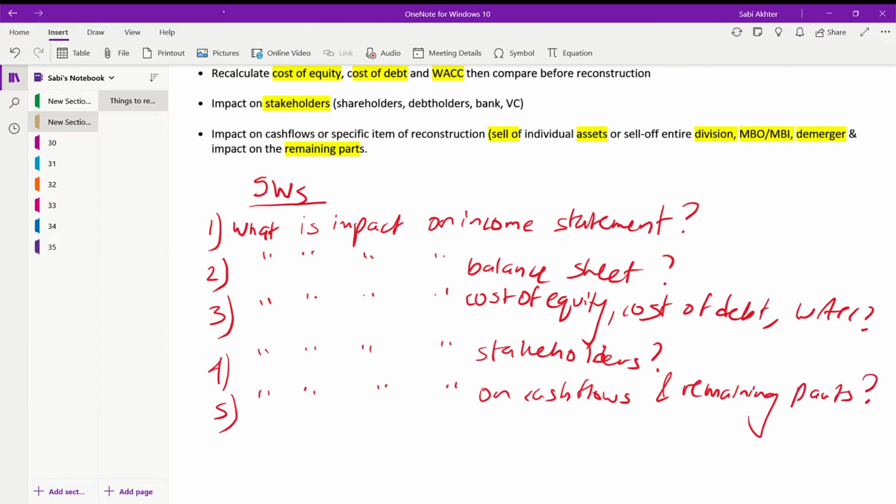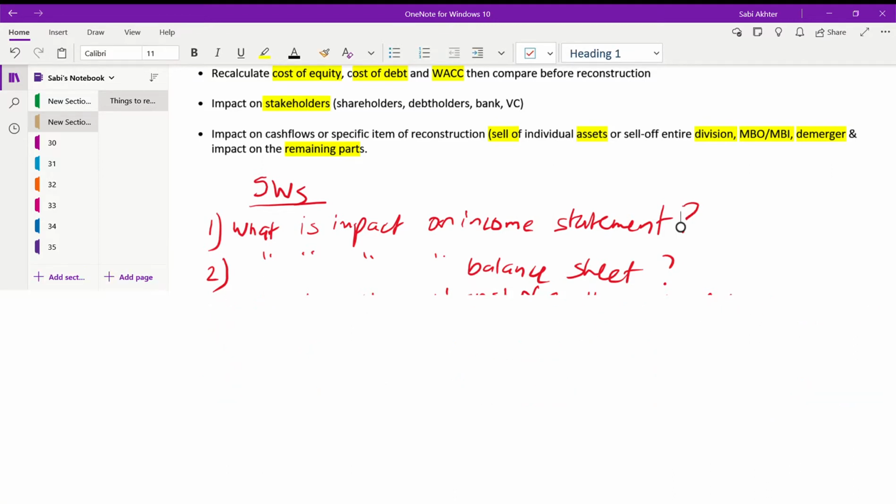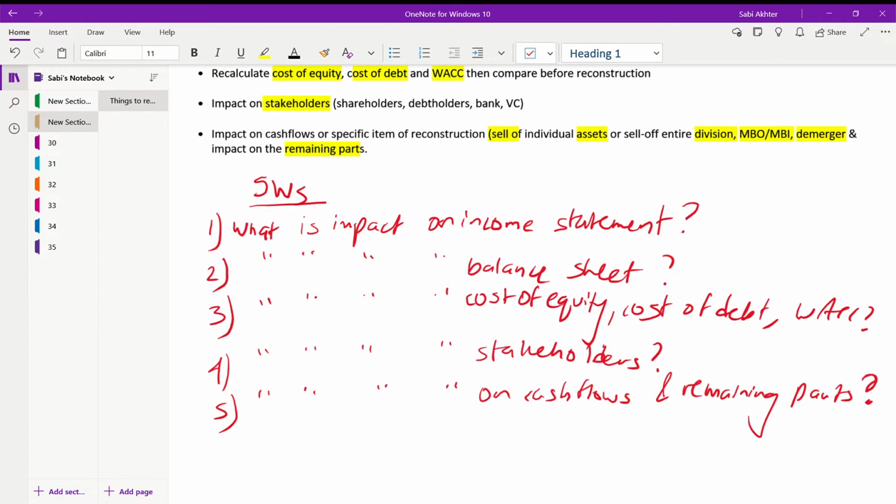As you can see now, isn't it easy for you to memorize? Just remove that "what is the impact", since it is repeated. Now see the keywords. I would use a different color pen, black.